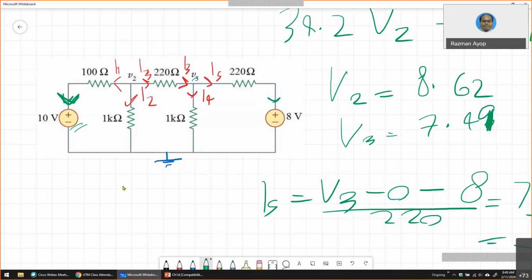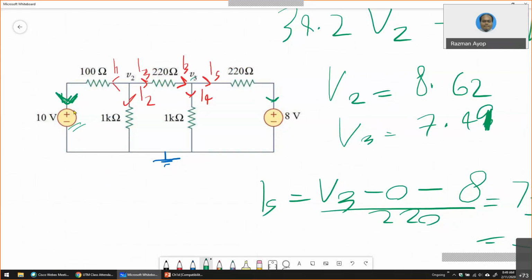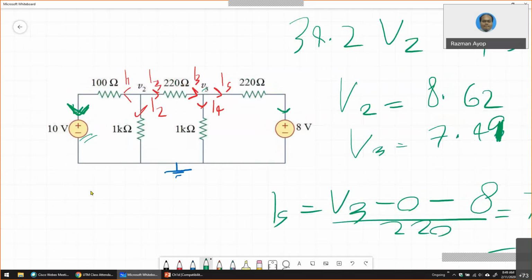Yeah, the voltage becomes minus. So you have to invert it. If it goes into positive, it becomes negative, and if it goes into negative, it will become positive. Oh, only for the voltage source. For the current, you just follow, because it is in series, so it will follow the current source. Okay, Doctor. Thank you.